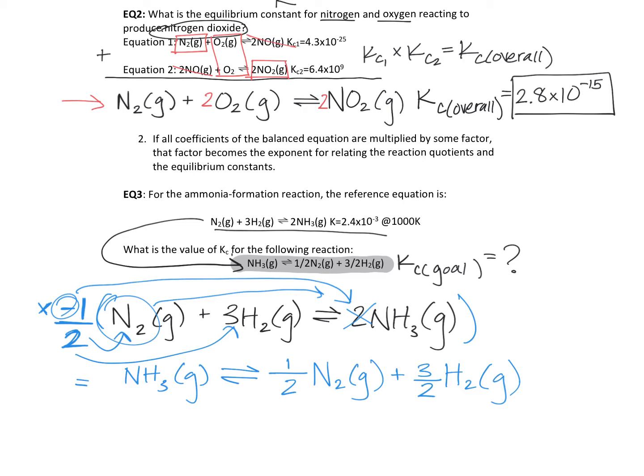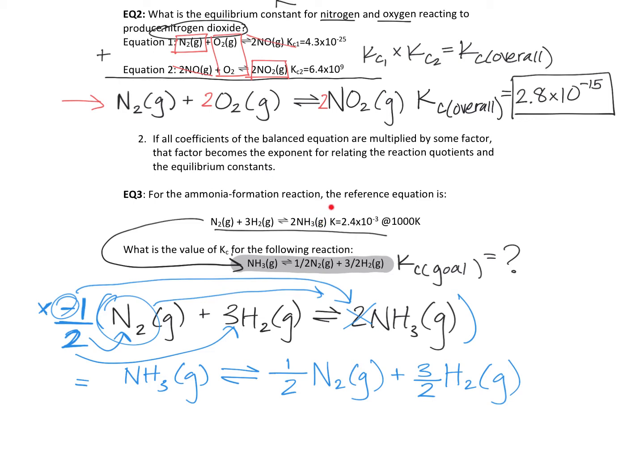So looking back at this statement, if all coefficients are multiplied by some factor, the factor here is -1/2. That factor, the -1/2, becomes the exponent for relating the reaction quotients and equilibrium constants.